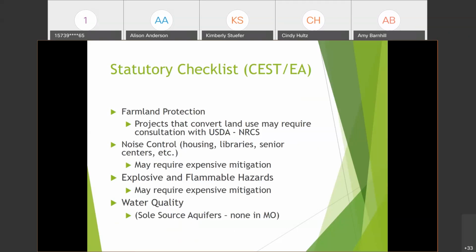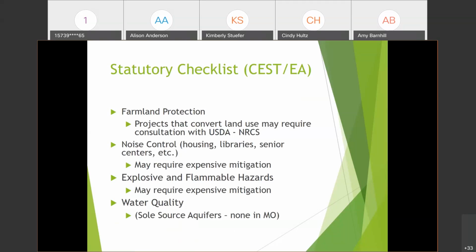And for noise control, this is a factor anytime you have a noise sensitive land use. So if your project is for residential or a community center, library, a school, or shelter, those are all considered noise sensitive land use.